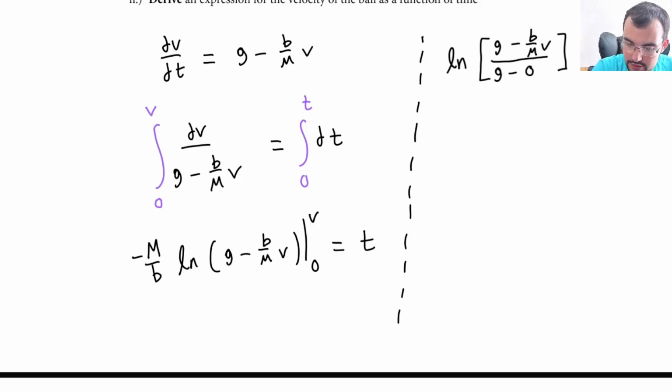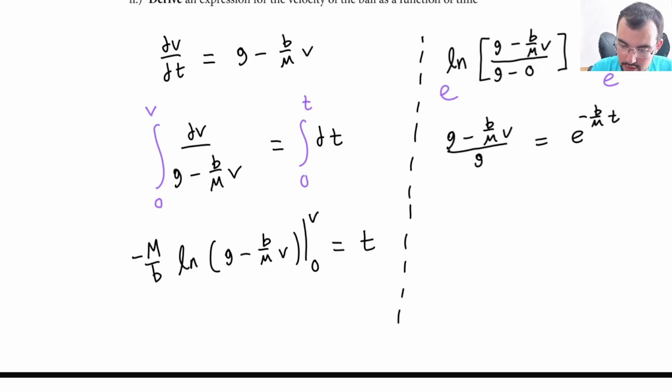Then we raise e to both sides. So I'd get (g minus b over m times v) divided by g is equal to e to the negative b over m times t, or 1 minus b over mg times v is equal to e to the negative b over m times t.